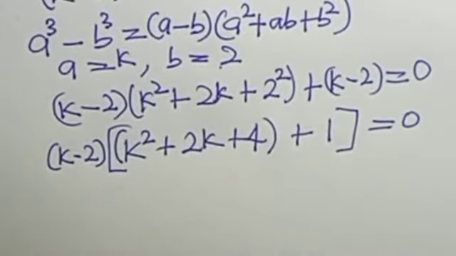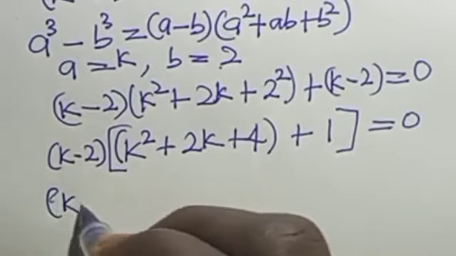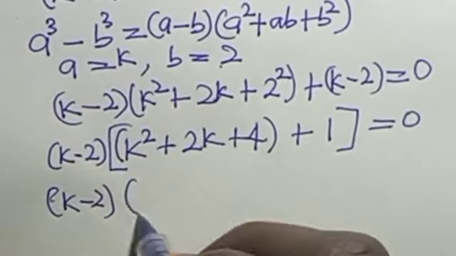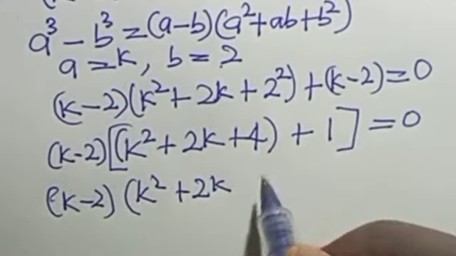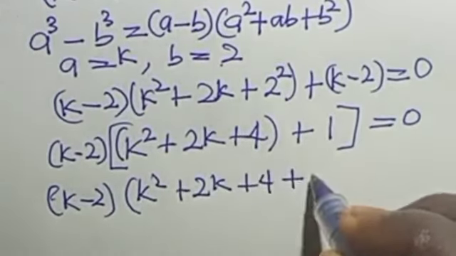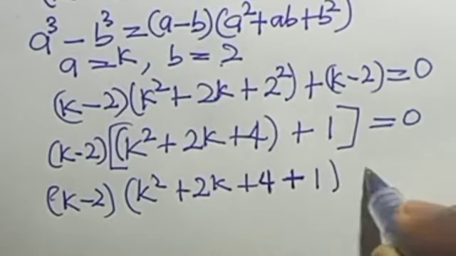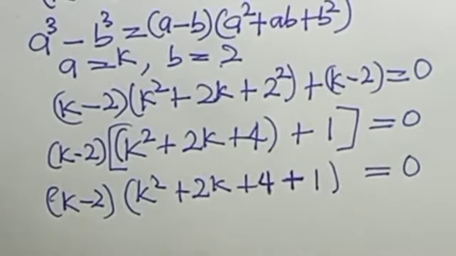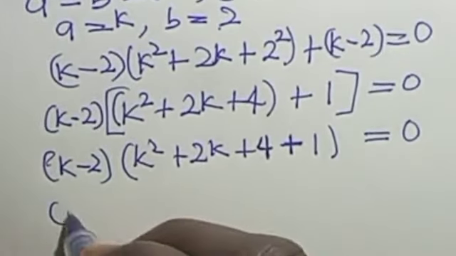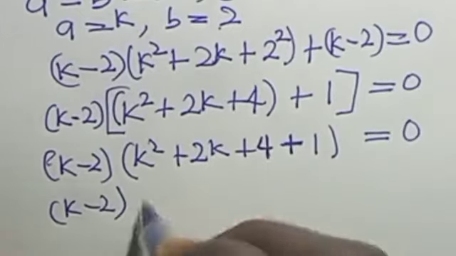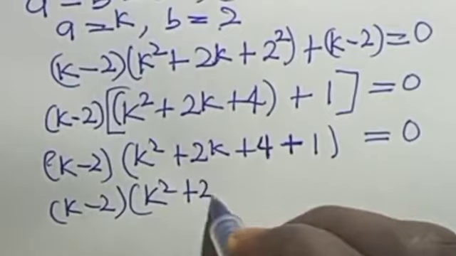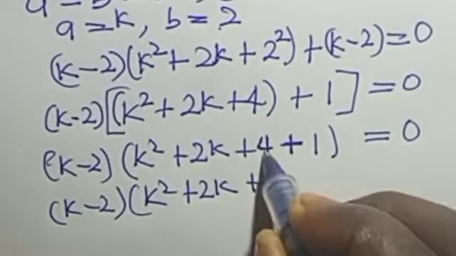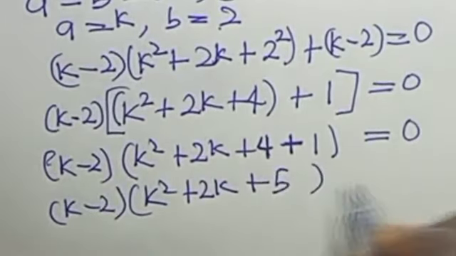And if we simplify further, we have k minus 2 into k squared plus 2k plus 4 plus 1, which is 5.